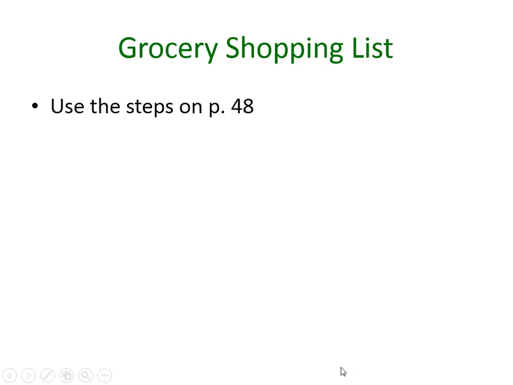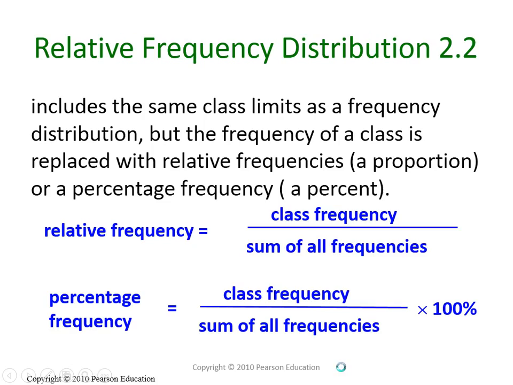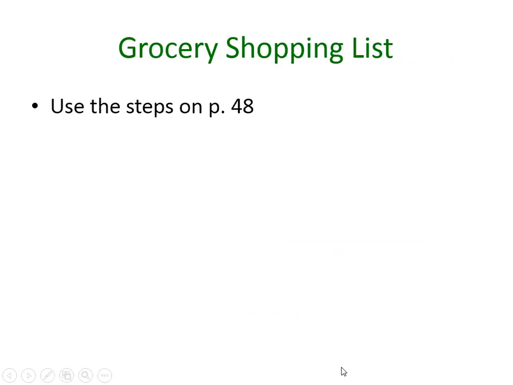Using the first lower class limit and the class width, list the other lower class limits. We're going to add the class width to the first lower class limit to get the second lower class limit, and so forth. Okay, I'm trying to remember what I had in here. If we're starting at 0, we are going to take our 10 and add that on to the lower to get the next lower.